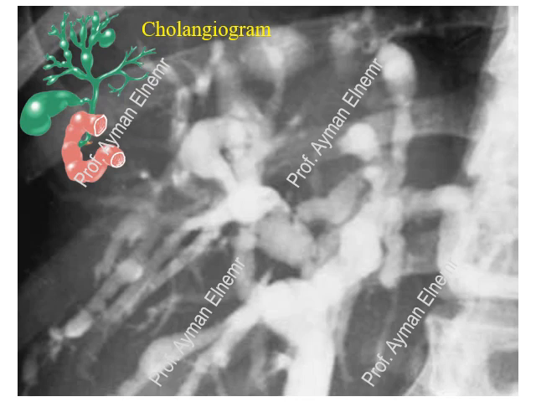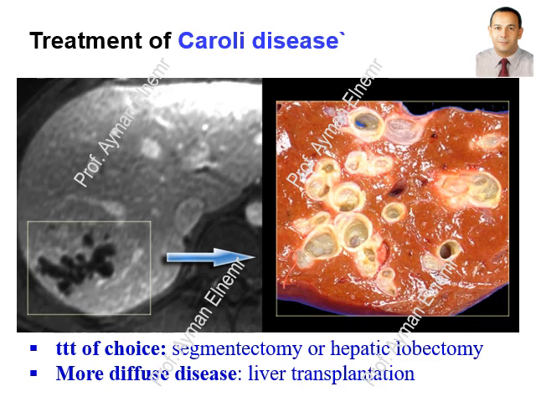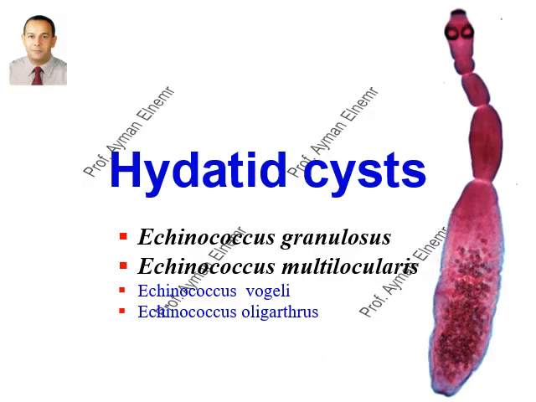Cholangiogram is used to delineate the dilated intrahepatic biliary tree. The treatment of choice is segmentectomy or hepatic lobectomy if the disease is confined to one segment or hepatic lobe, respectively. For more diffuse disease, liver transplantation is the ideal treatment.